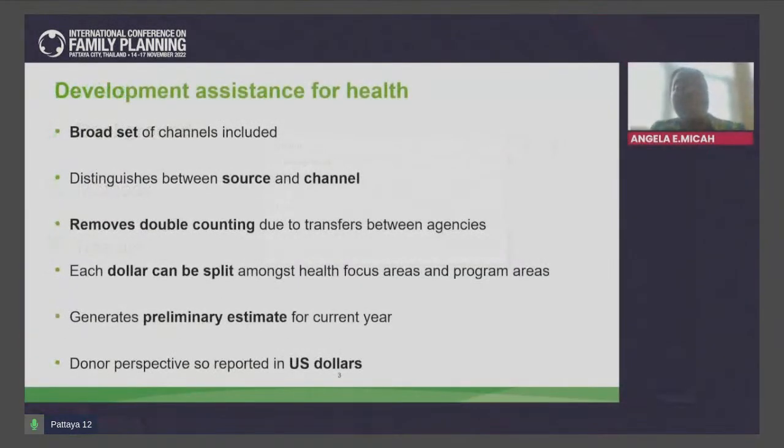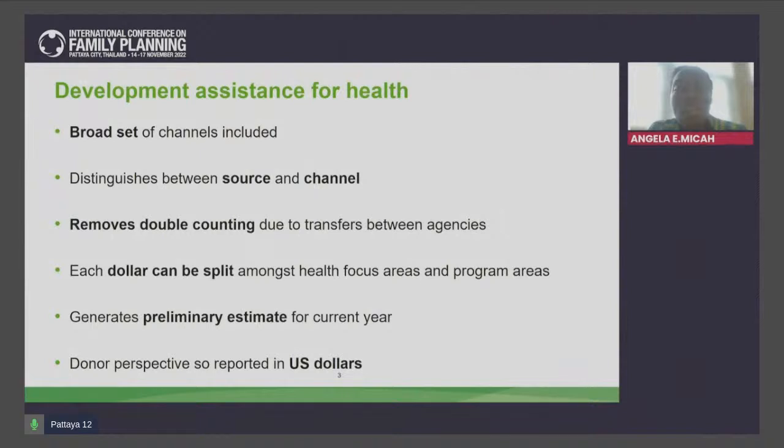So in terms of what distinguishes the estimates that we generate at IHME for development assistance for health, there are some specific ways in which the estimates we generate are distinct. First, we include a broad set of channels.